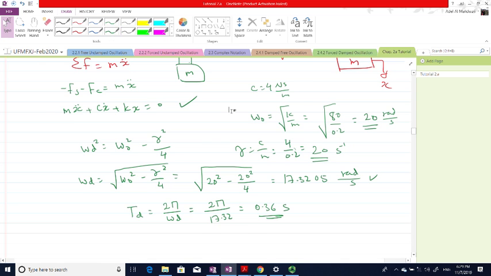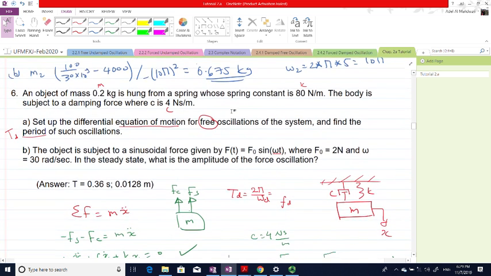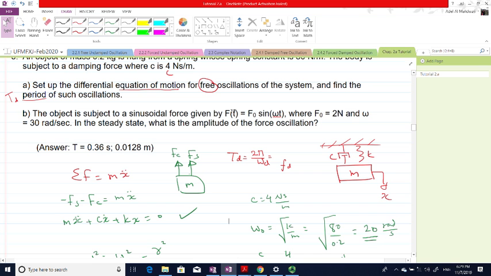What's the next question, the second part? The object is subject to a sinusoidal force. Now, part A was free damped oscillation. Now we are going to apply a force.